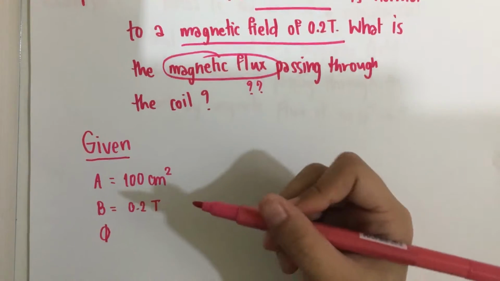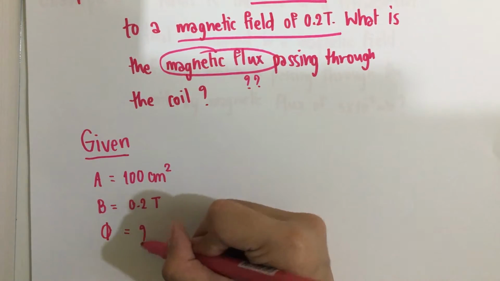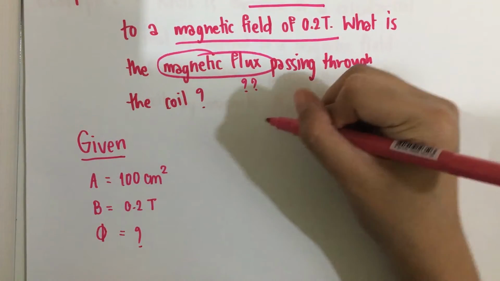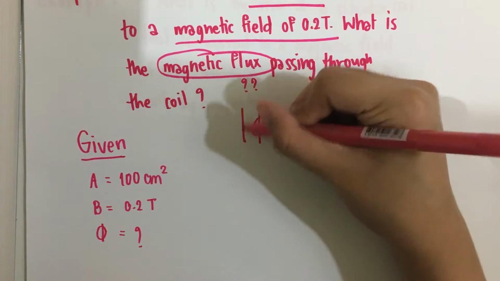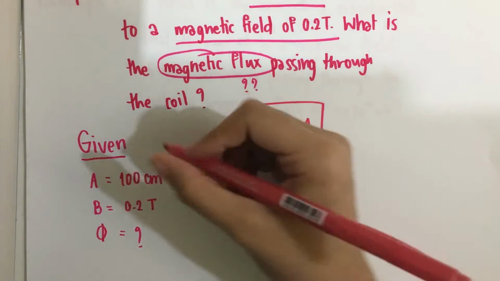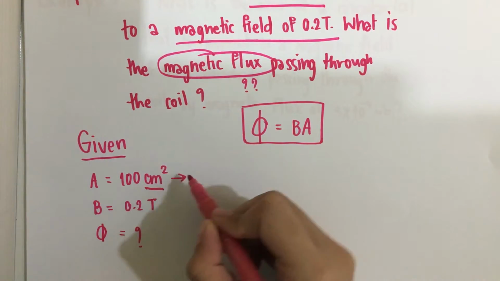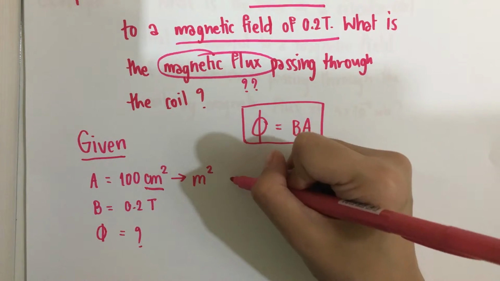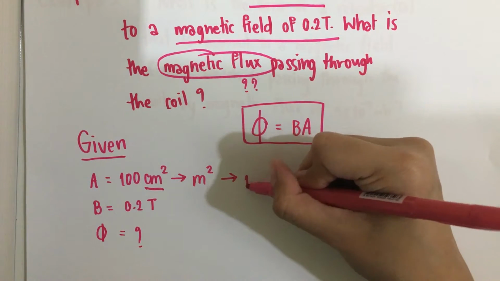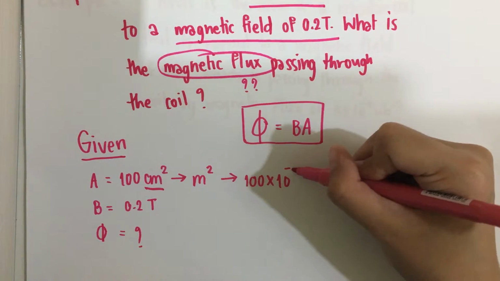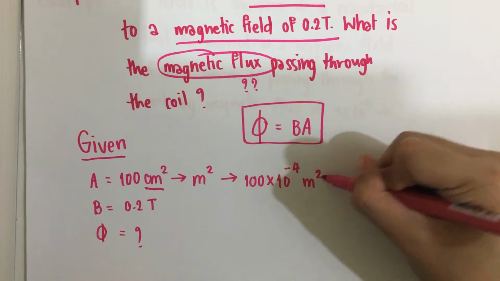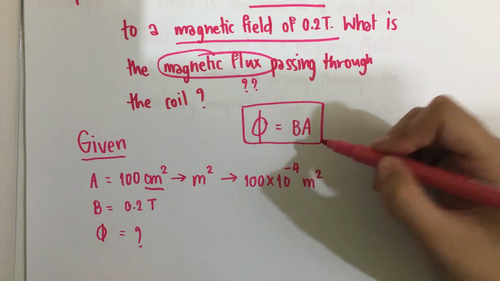What is magnetic flux? We use this formula, but first we have to change centimeter square to meter square. So we got 100 times 10 to the power of negative 4 meters square, and we use this formula again.